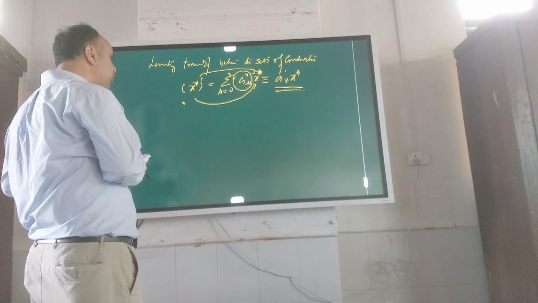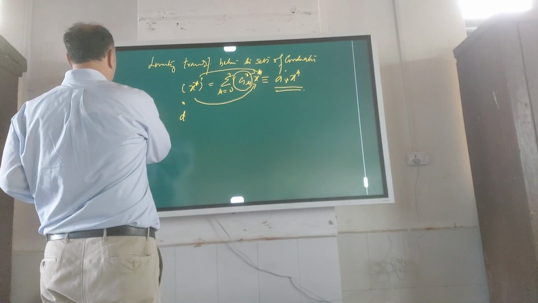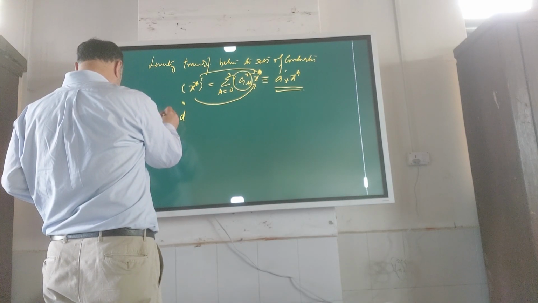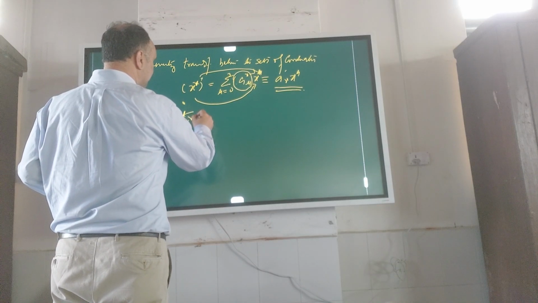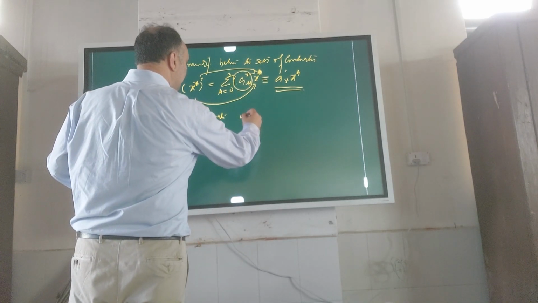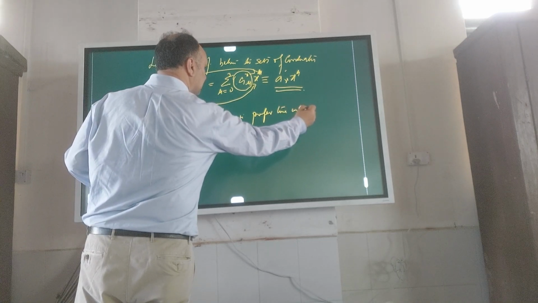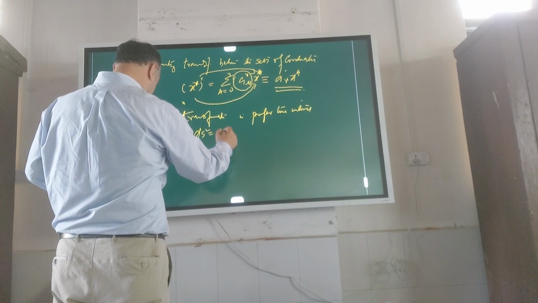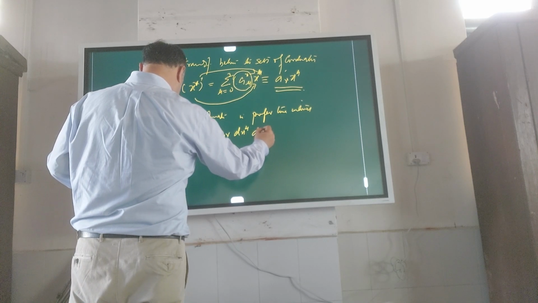And the basic Lorentz invariant quantity is the proper time interval, d tau square equals g mu nu dx mu dx nu.